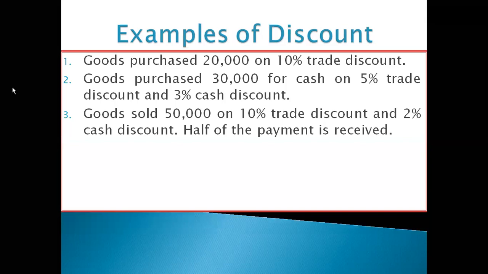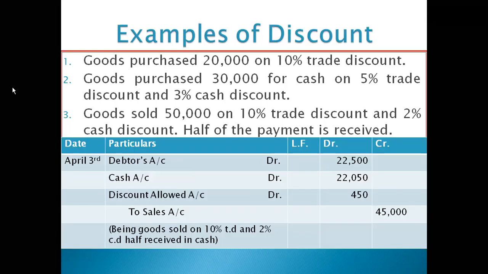Then the last entry would be goods sold 50,000 on 10% trade discount, 2% cash discount, and half payment is received. So for this entry, here is the debtors account debit 22,500, because half of the amount is remaining to be received. The next is cash account debit to 22,050.